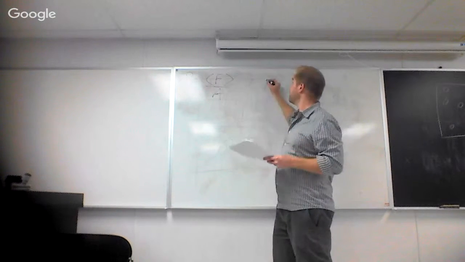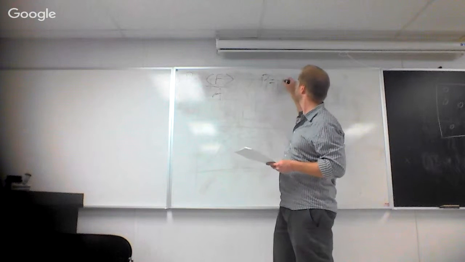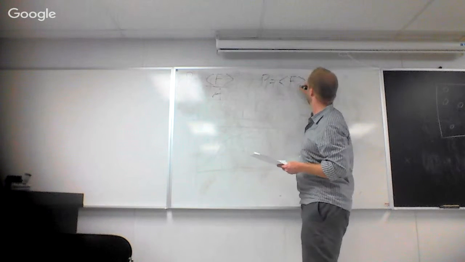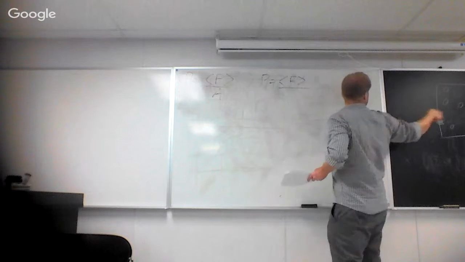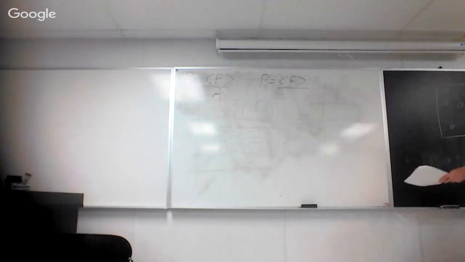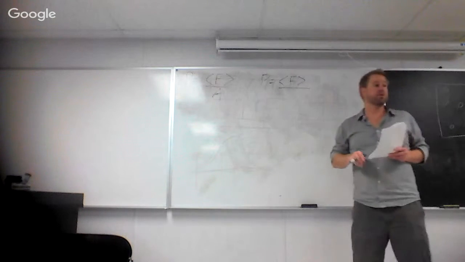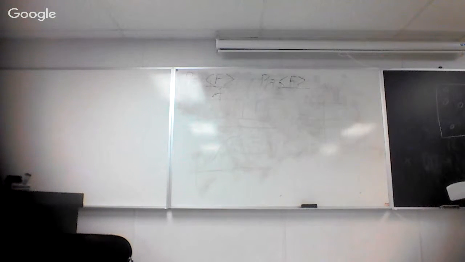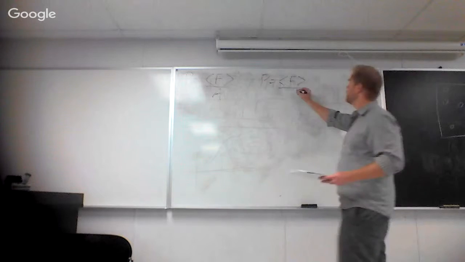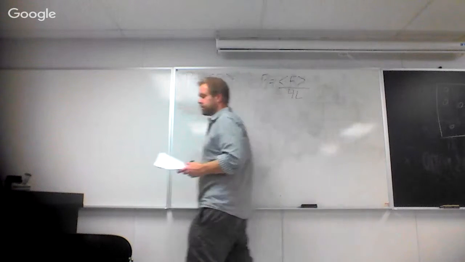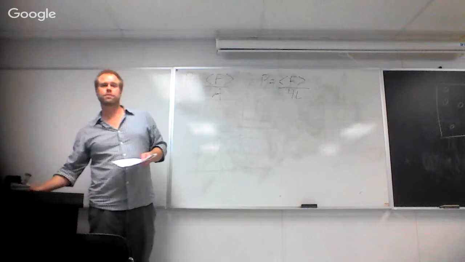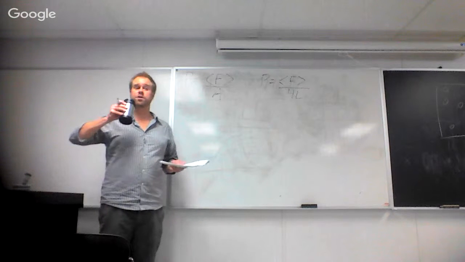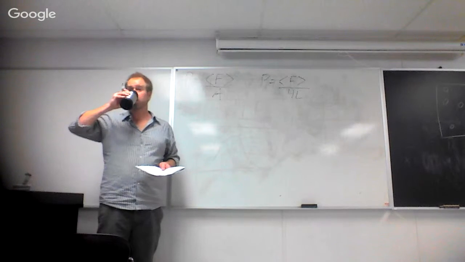In 2D, this is going to be the force over the perimeter of our system. If we take it to all have the same distance L, this would be over 4L. That's just a 2D analog.